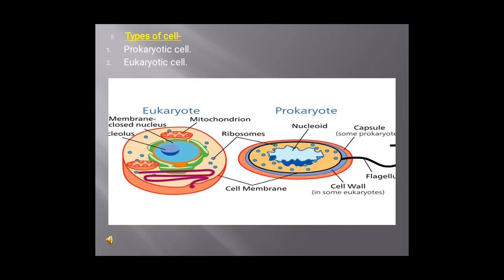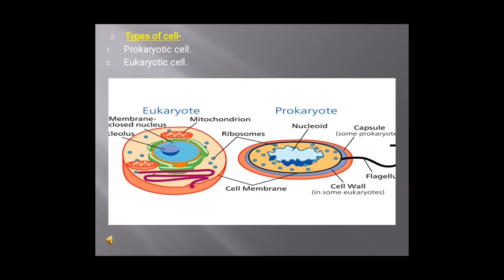Our next topic is types of cells. The first type is the prokaryotic cell and the other is the eukaryotic cell. The prokaryotic cell is very minute in size, and the nuclear region is not surrounded by a nuclear membrane, meaning the nuclear membrane is absent, and a single chromosome is present.